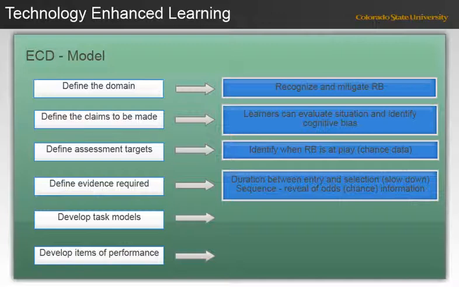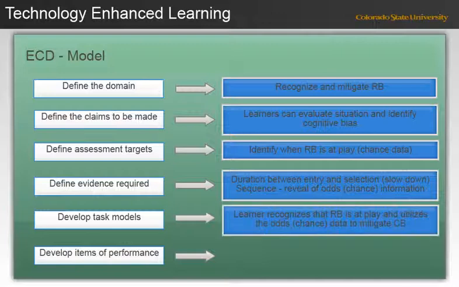So don't use the shortcuts, don't use your heuristics, but slow down. We also wanted to gather sequential information to see if they were revealing certain things in the situation that would provide evidence that they were grasping this, embodying the mitigation strategy, which was looking for the odds or looking for the chance information in the situation.